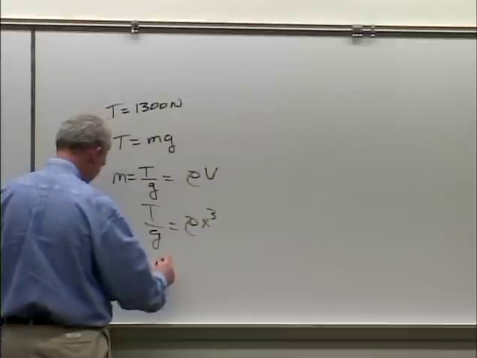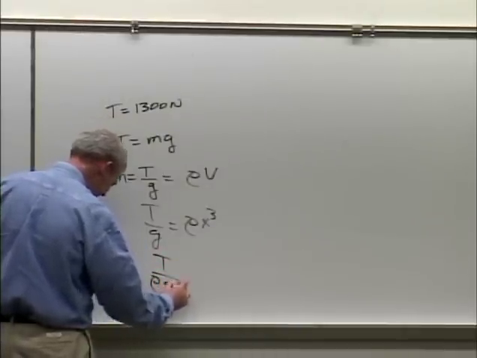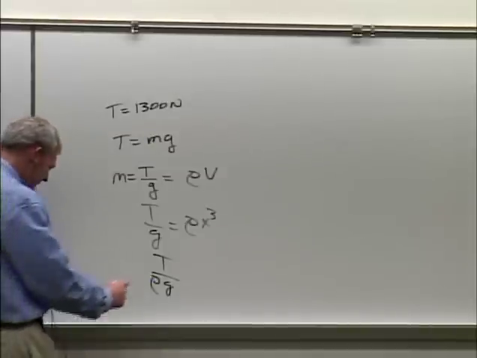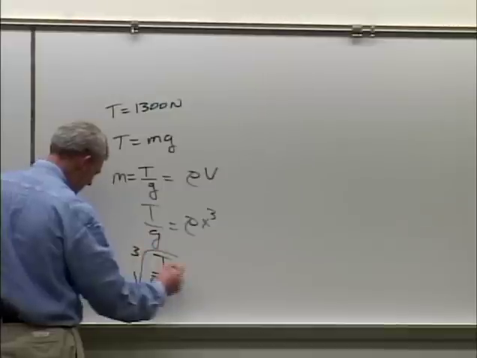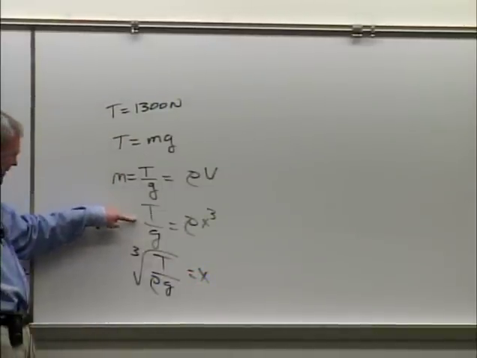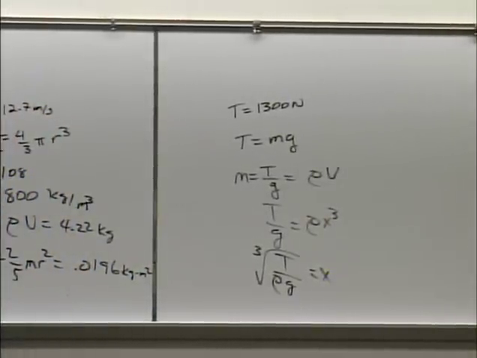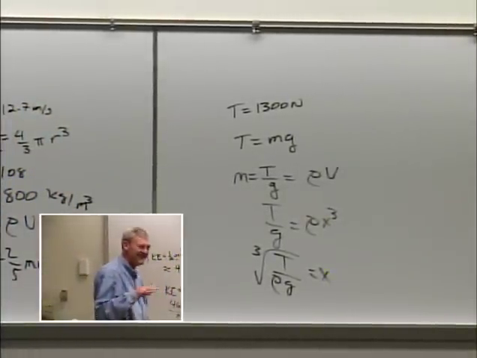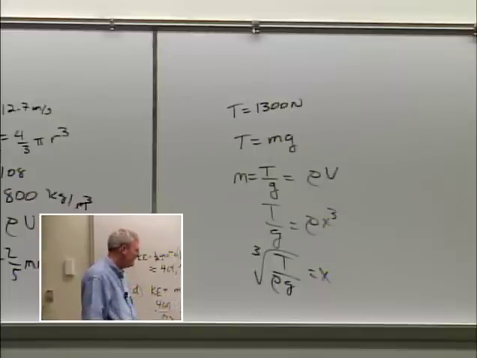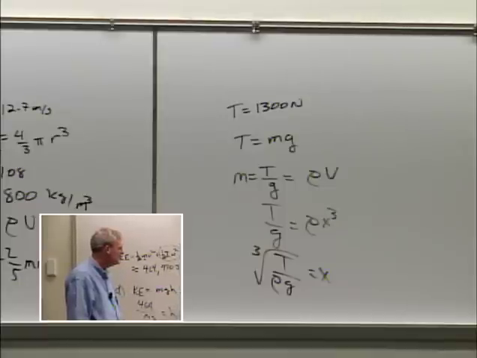If you put rho times G, it looks like some kind of neat tattoo or something. The cube root of T over rho G equals x. Some of you got this far. There's quite a few who got this far, and then were stumped by your calculator on how to get the cube root. And you kind of hit the square root twice, so you got a little bit bigger number. But it came out to be about 0.35, 0.34 meters, right around there.